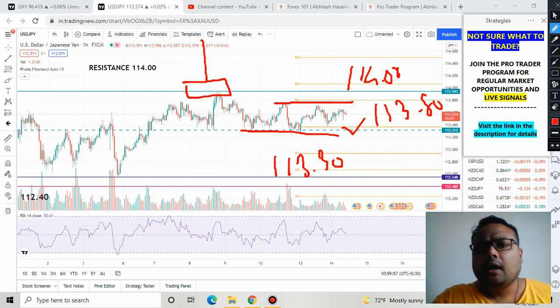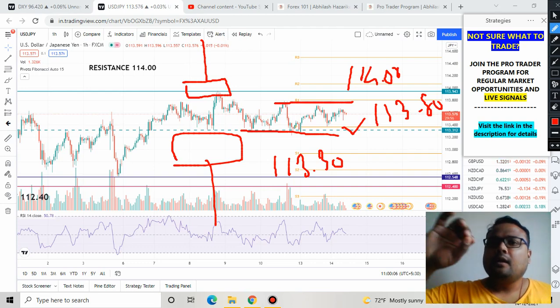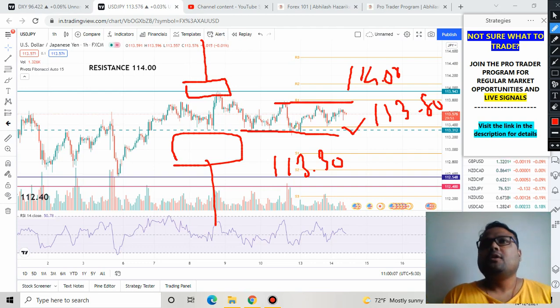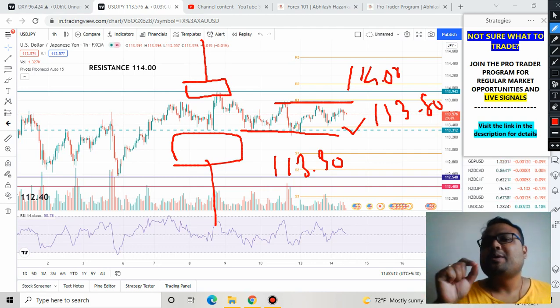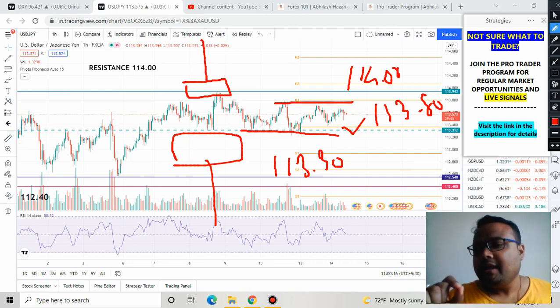Or if you're buying at the support, wait for price being rejected from below, a hammer pattern or something like that, so that you do not make a silly mistake. Always keep in mind that support and resistance levels are not permanent. As a result, trading with proper confirmation is essential.